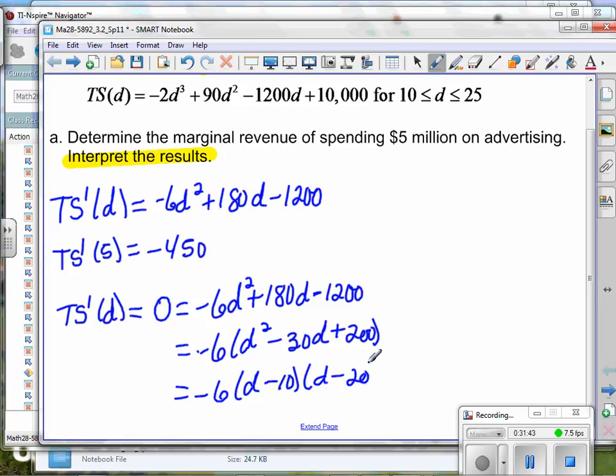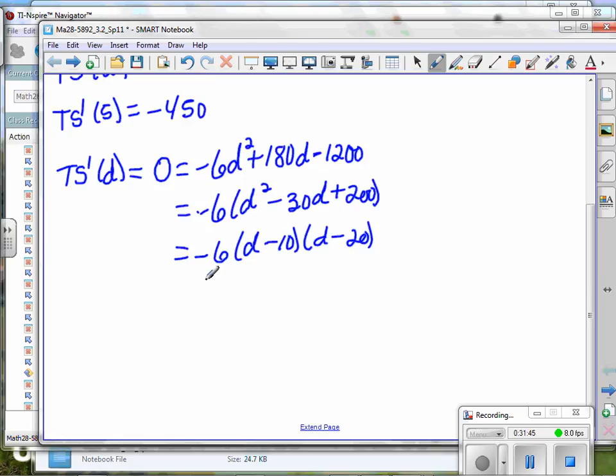Okay, so now we end up with the fact that if this product equals 0, then d has a value of 10, or, because we can't have two values of the input at the same time, d is equal to 20. What happened to the negative 6? Well, it's a factor, but it can never be 0 because its value is negative 6.